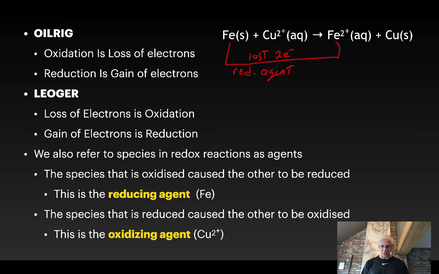So what got reduced? Well, the copper got reduced. The copper gained 2 electrons. I'm not going to be able to write that up there. And so it is the oxidizing agent. It made something else lose electrons. Okay, so the copper ion, Cu2+, is the oxidizing agent. Fe solid is the reducing agent. Your agents are always reactants.